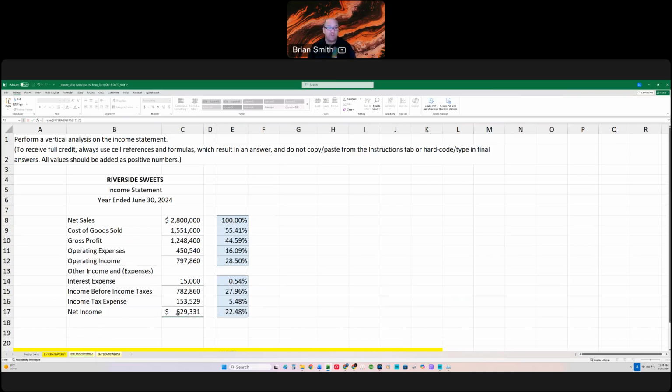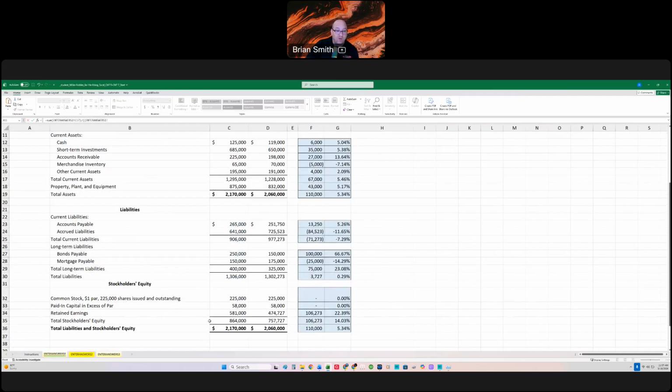So I just ended the parentheses. And then I'm going to divide this by open parentheses twice, because we're going to do the average common shareholders' equity. And that is going to be C35 on enter answers 1 plus D35 on enter answers 1, close parentheses, divided by 2, close parentheses.